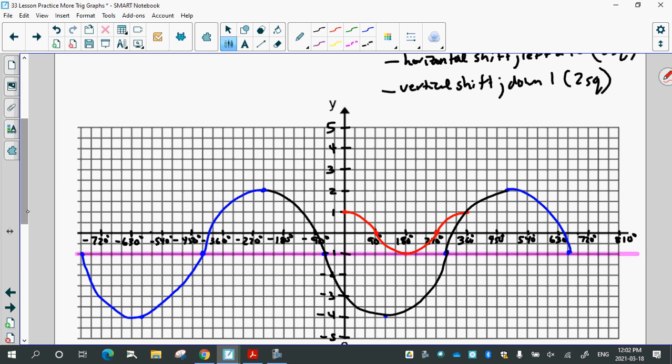All right, so now you have to do amplitude. So amplitude is from your central axis to your maximum. So 1, 2, 3. So the amplitude's 3.